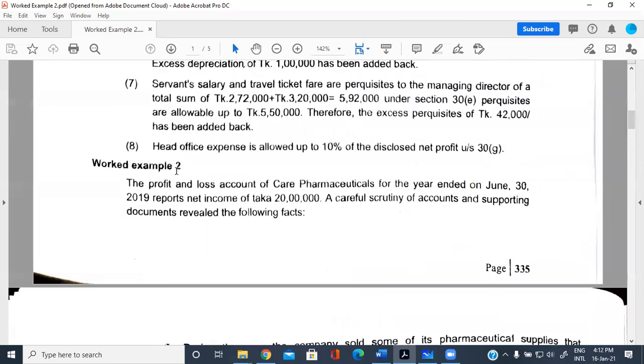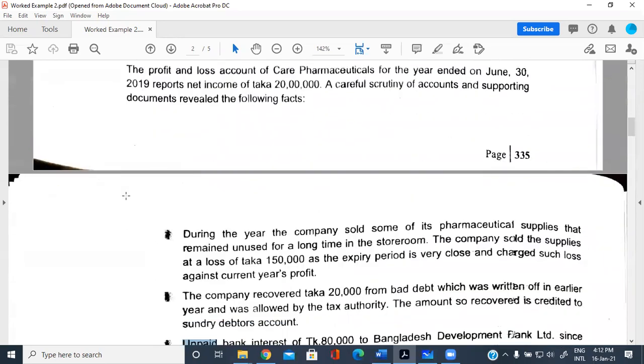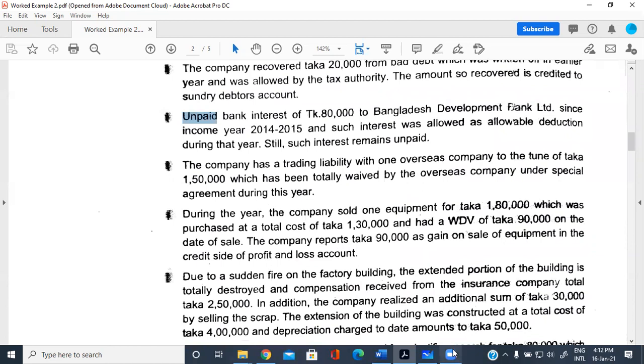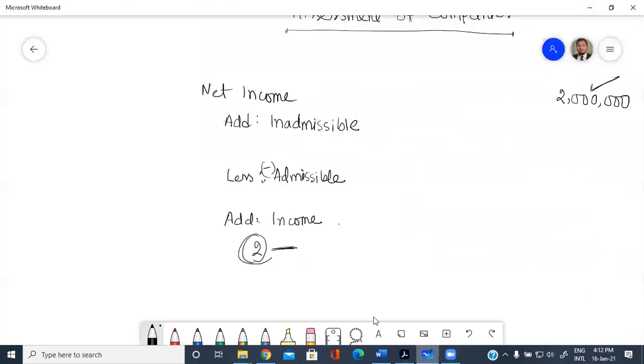Now we are in which year? 2018-19, right? And it was charged in which year? So 14-15.